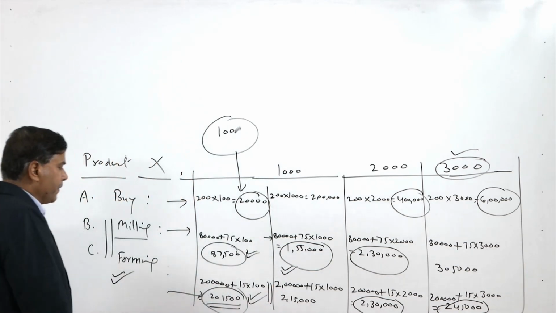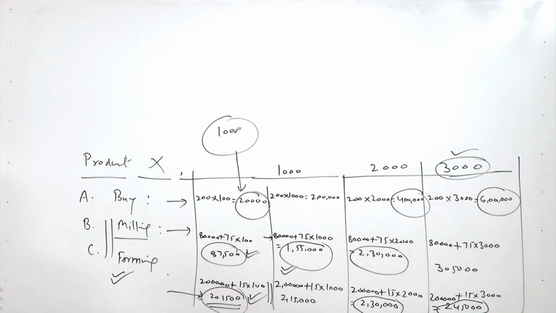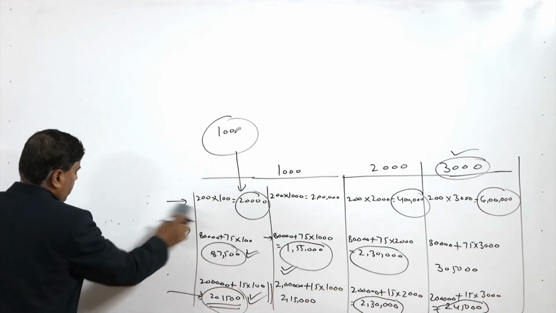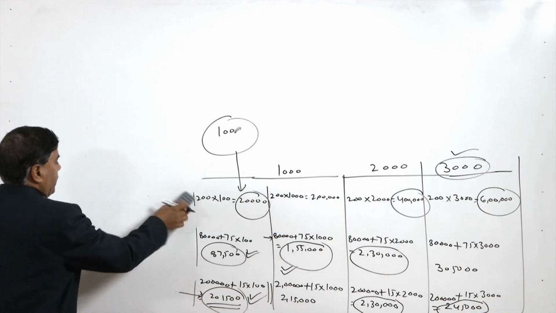So, this is how we can choose the best possible manufacturing process or combination of the manufacturing processes. In both cases we try to obtain the total cost of the product for making it using a particular option.